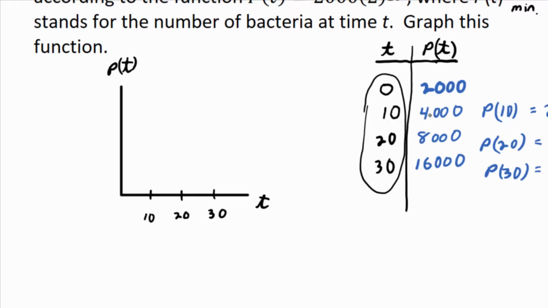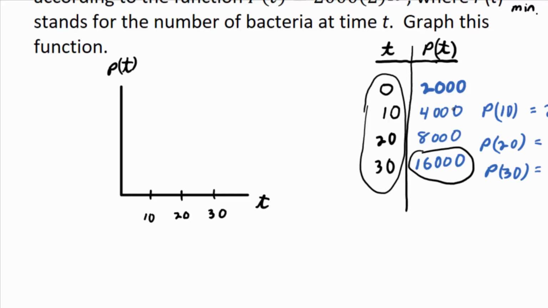Okay, and then what about on the P of t axis, the vertical axis? Well, yeah, but the problem is it goes up so quick. If you got to think about the last output, 16,000, you're going to have a lot of scale marks, I'm saying, if you do that.